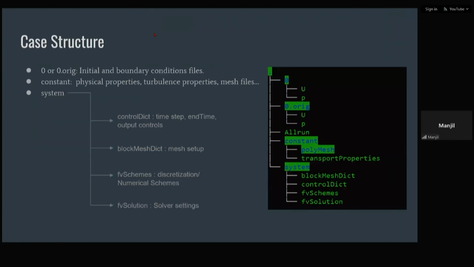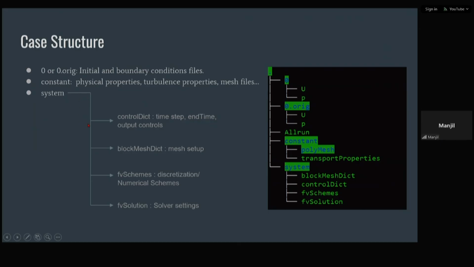So moving on to the case structure, I think I don't need to explain much on the case structure. We'll eventually get to these case structure and folders in a short while. You can see a brief overview there of what files are included in which folders. So 0 and .orig contain initial and boundary condition files, whereas constant contains the physical properties such as transport properties. It contains solver properties. It contains the mesh files after the mesh is generated.